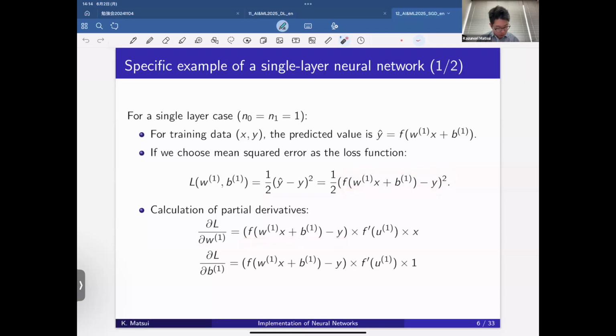Next, in the partial derivative with respect to f(w1x plus b1), f prime comes out.